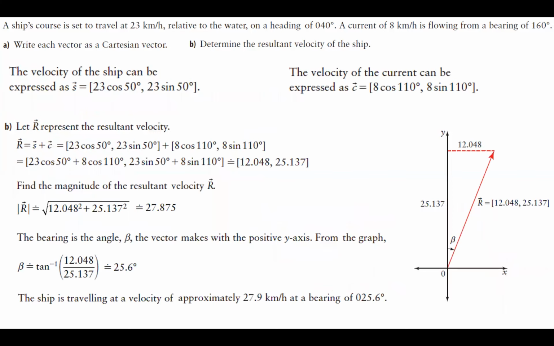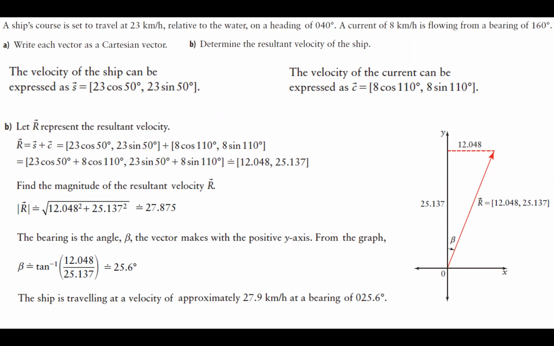Then in question B, determine the resultant velocity of the ship. Remember that in the previous step, we have expressed the velocity of the ship and the velocity of the current in Cartesian form, right? So in question B, if we let R represent the resultant velocity, we know that the resultant velocity of the ship equals vector S plus vector C, right?